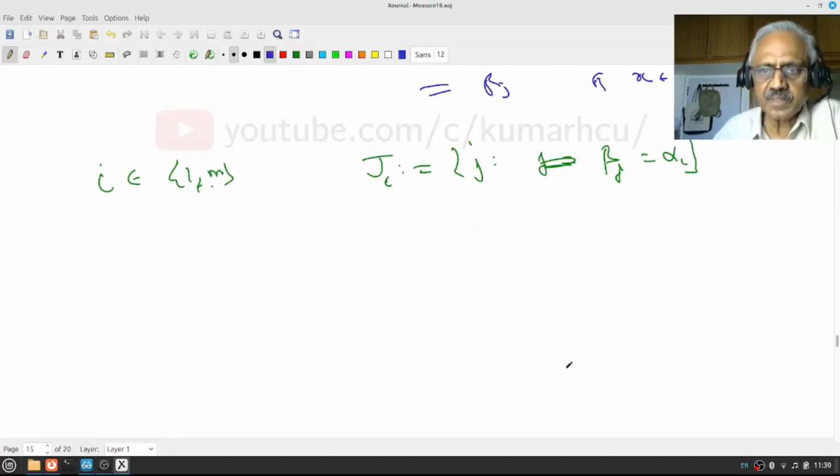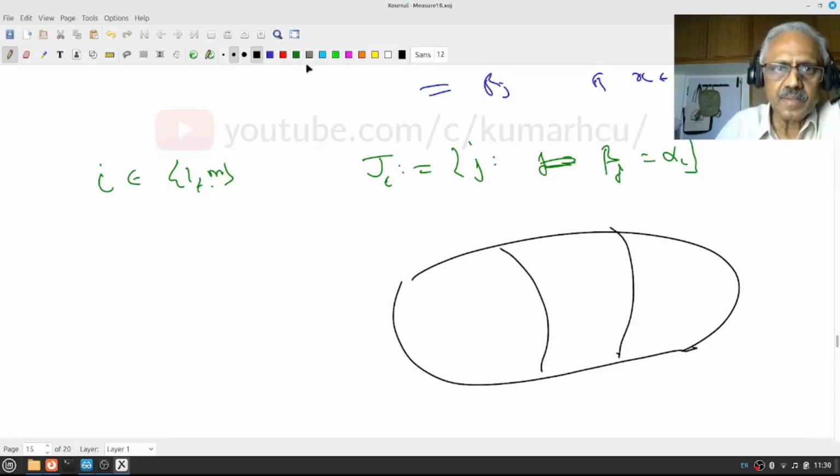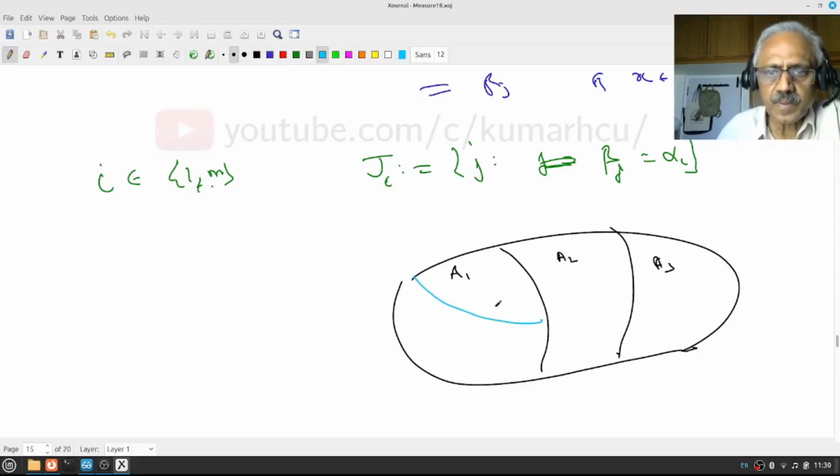Again, have a picture. A picture may help you. So this is my space. This may be my A's. My B's may be like this. Okay, B1, and this may be my B2.